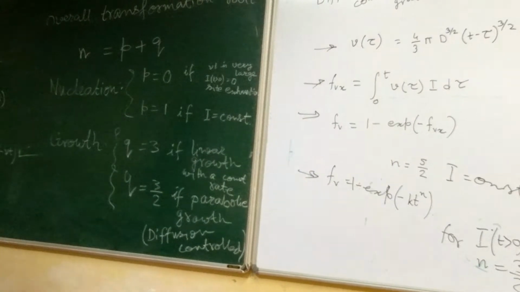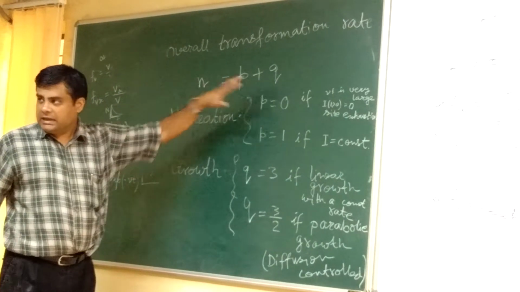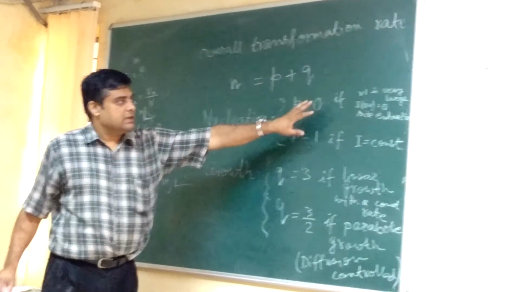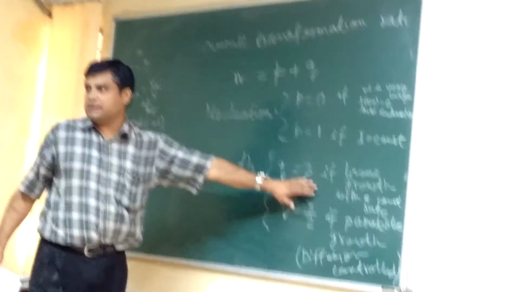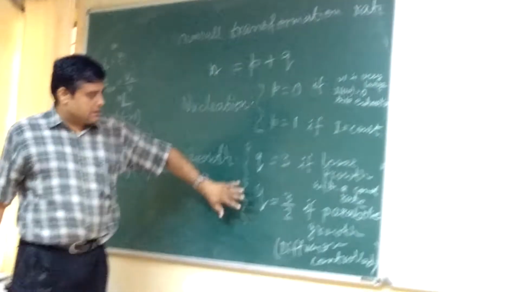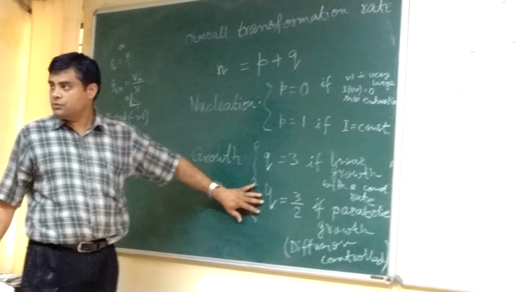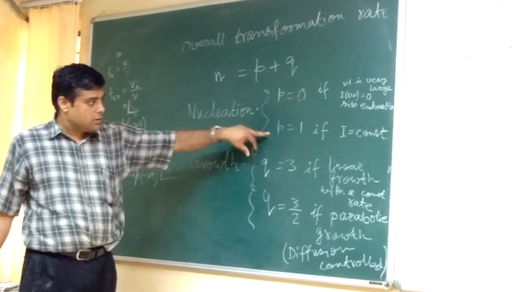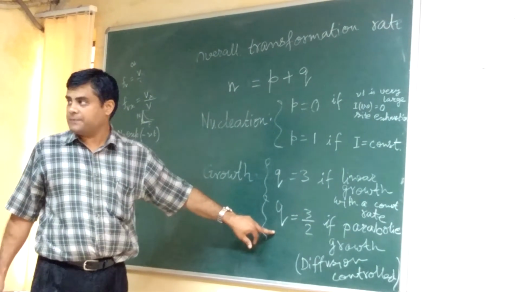So you can see, whatever we discussed, n equal to 3 if it is 0 plus 3, that is site exhaustion and linear growth rate. If it is parabolic growth rate, then it will be 3 by 2 for site exhaustion, but for the constant nucleation rate case, 1 plus 3 by 2, that is 5 by 2.